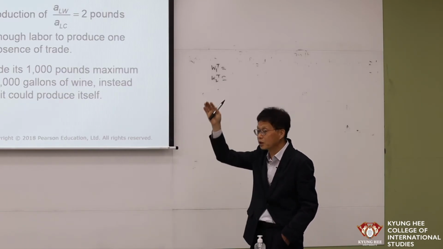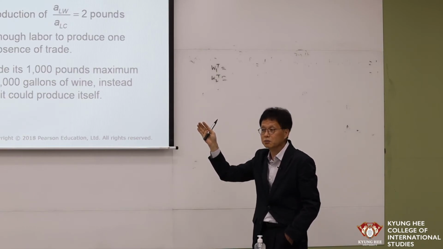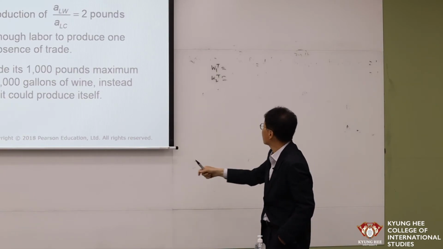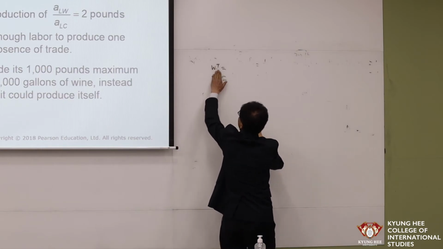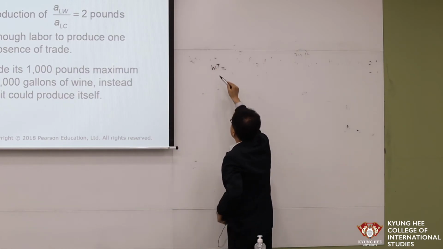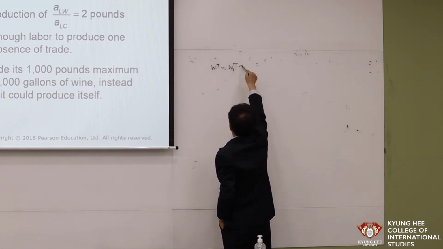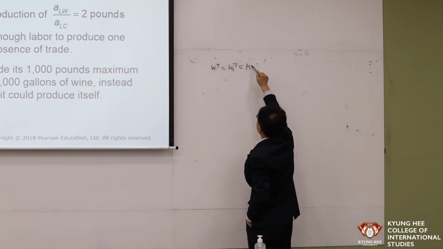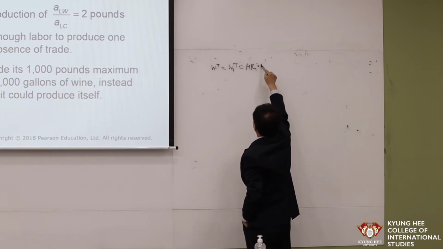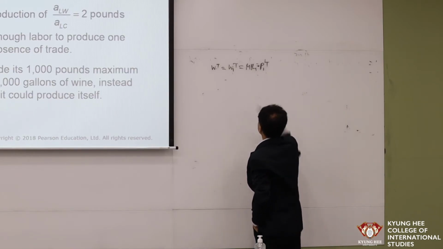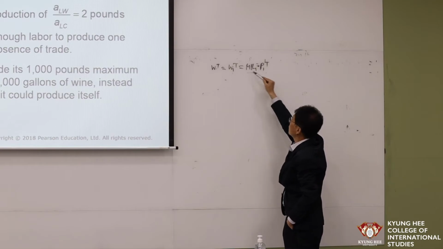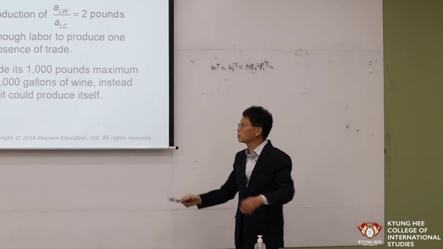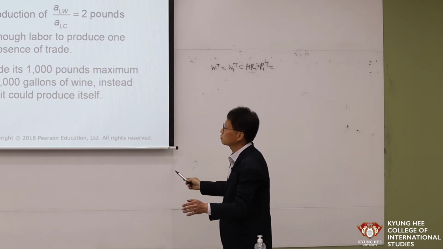I already explained using the graph. Perfect specialization occurs, right? So the wage rate in home is the wage rate in sector 1 after trade. That is equal to MPL1 multiplied by P1T. MPL1 is the same as in the autarky situation because the production function does not change.